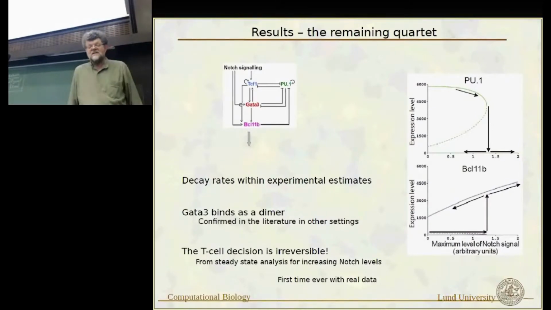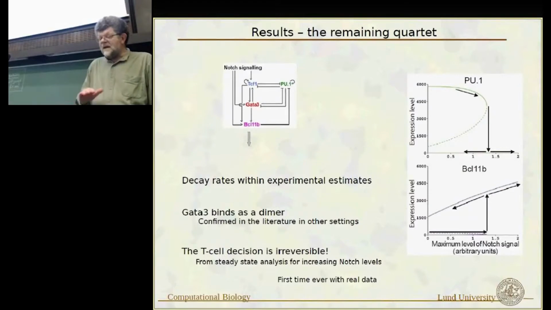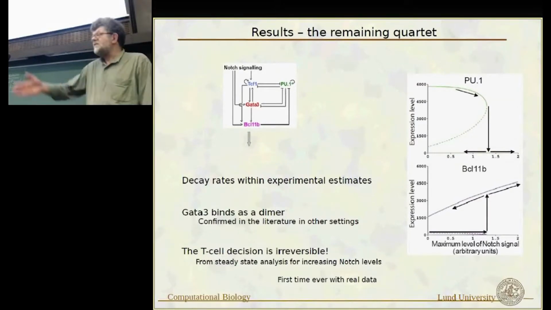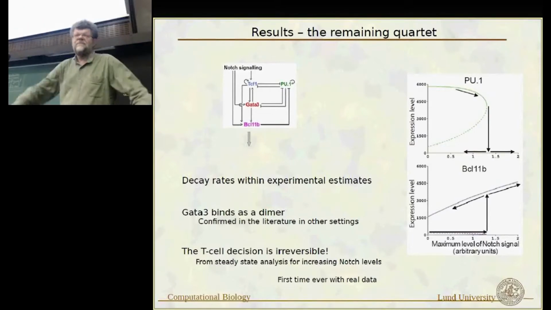So now it's time for the big crescendo. And this is something that people in nonlinear dynamics are very interested in, namely how switches work. So you have an external signal, you increase it, and then all of a sudden you get an amplifier.